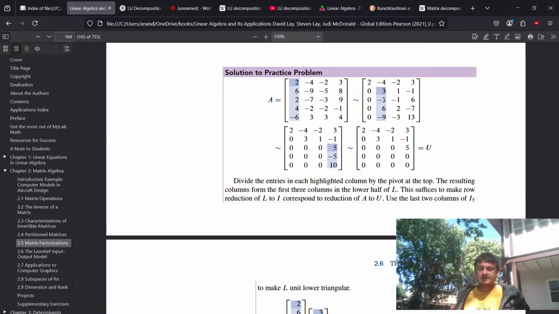Okay. So now I got it. So it's going to be 0, 0, 5. So that is... okay.